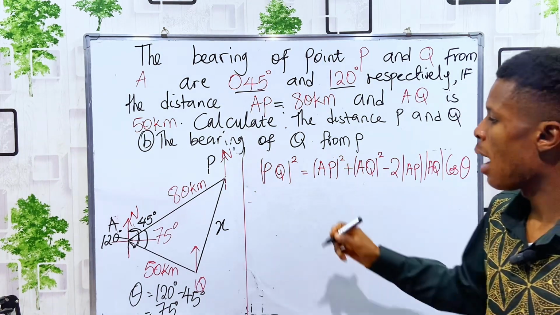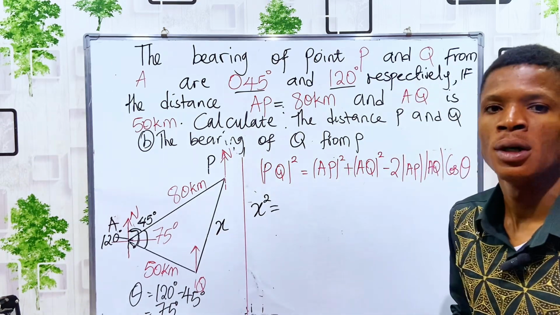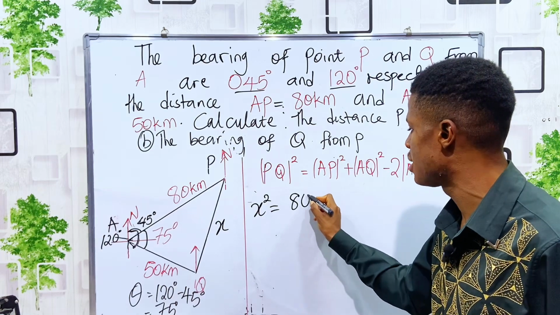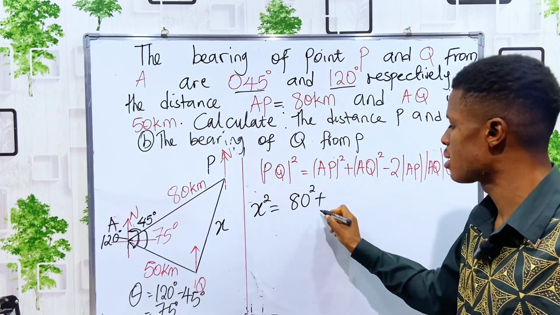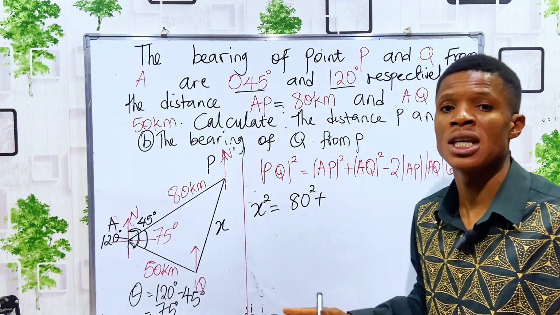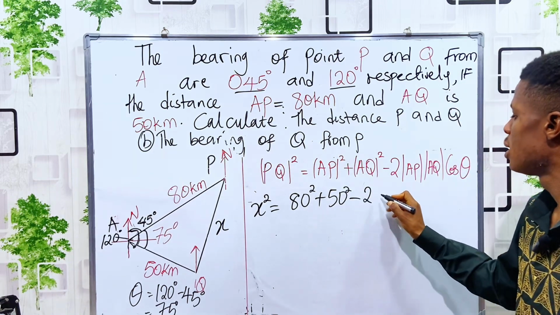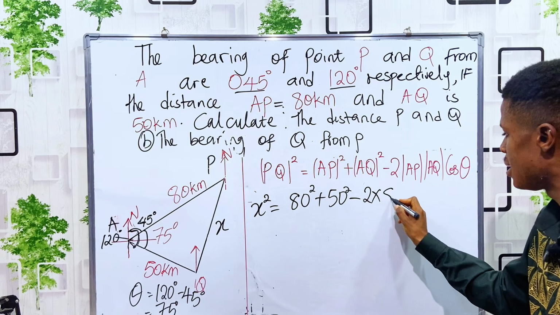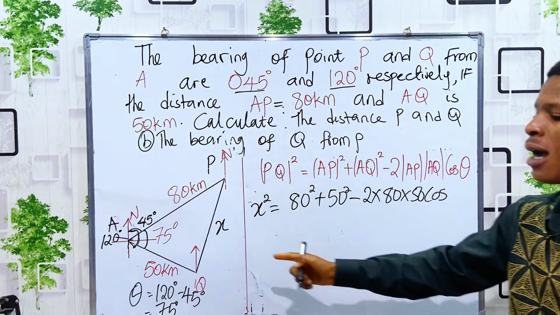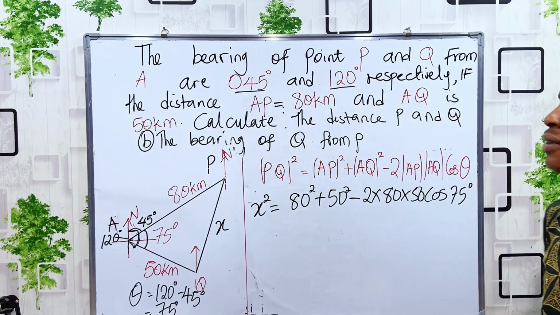So here, our PQ is x. So x squared is equal to AP, which is 80 kilometers, 80 squared, plus AQ, which is 50 kilometers, 50 squared, minus 2 times 80 times 50 cos, the angle there is 75 degrees.